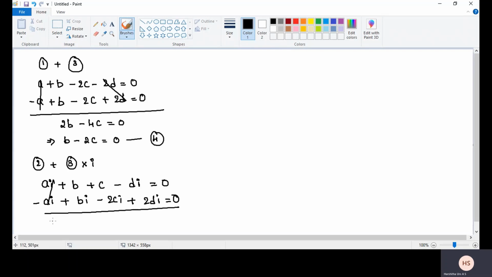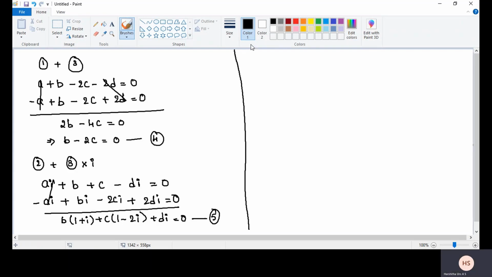Here minus ai plus ai will get cancelled. Here I will take b as a common term, so I will get 1 plus i. Again here I take c as a common term, 1 minus 2i. Here minus di plus 2di, we get plus di is equal to 0. Call this one as equation 5.